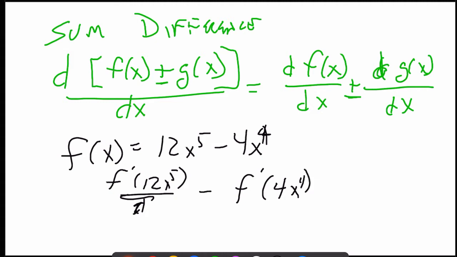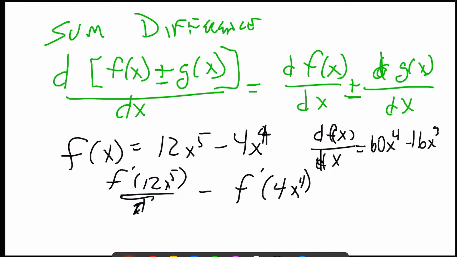And so df(x)/dx is 60x to the fourth minus 16x cubed. Is that exciting?